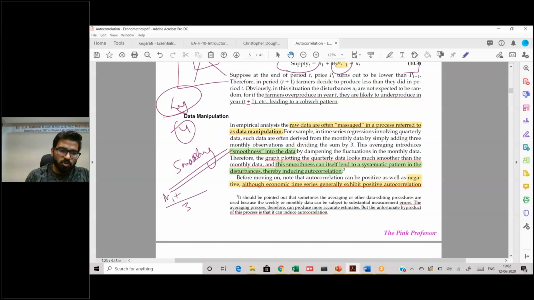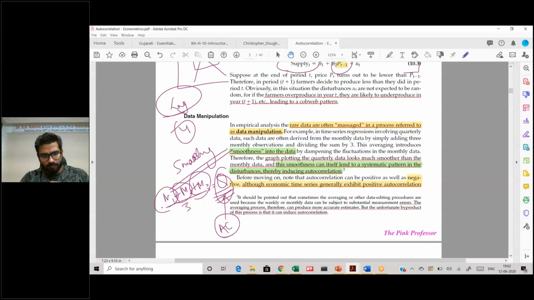So month 1, month 2, month 3, you divide by 3, you get the average for this particular quarter. The variation in these months will be much more pronounced as compared to the quarter, because the quarter is a smoothened version, the average of these 3 months. So although the data is smoothened, in this data you will find the problem of autocorrelation, because there is a systematic pattern in the error terms when you have smoothened the data.